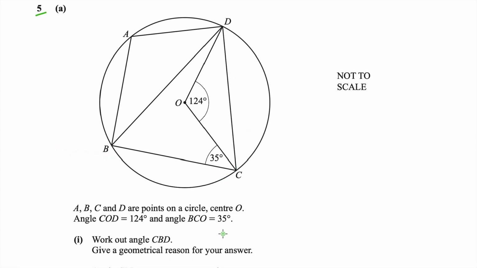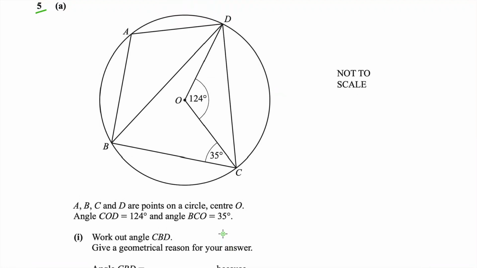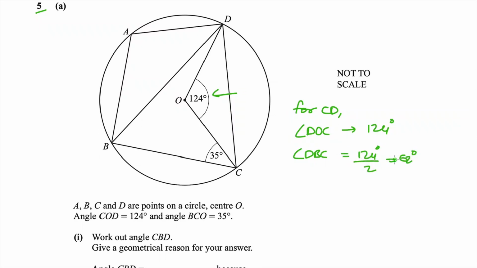So if you can see in the figure, 124 is the angle at the center, and for CD, angle DOC is the angle at the center, which is 124, and so angle DBC is angle in the segment. So this is 124 divided by 2, which is 62 degrees.